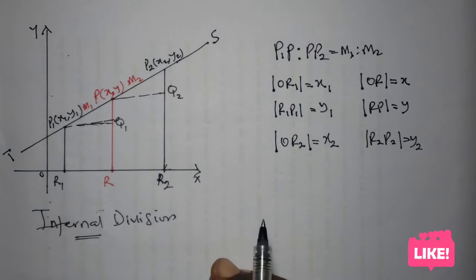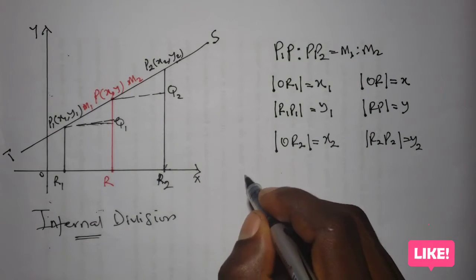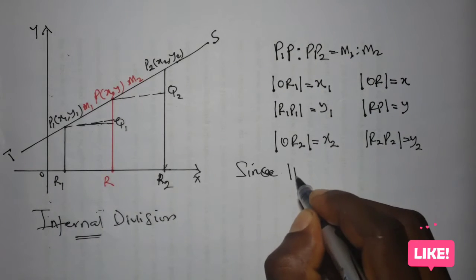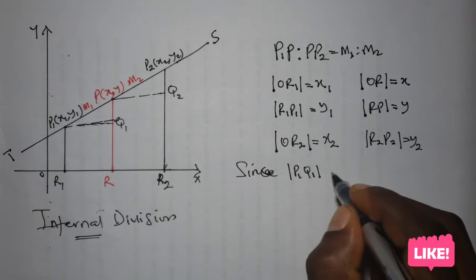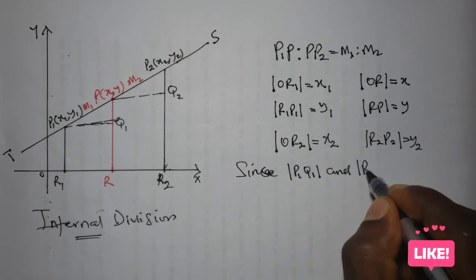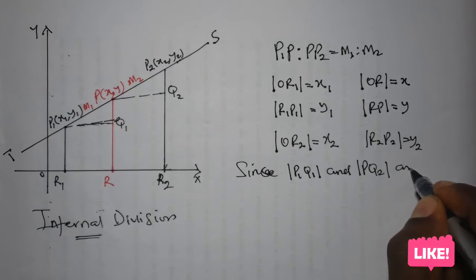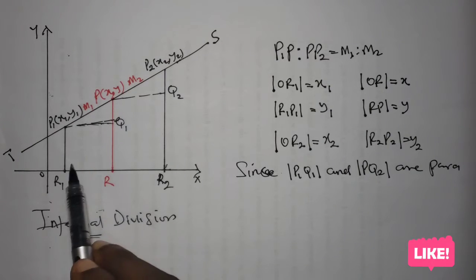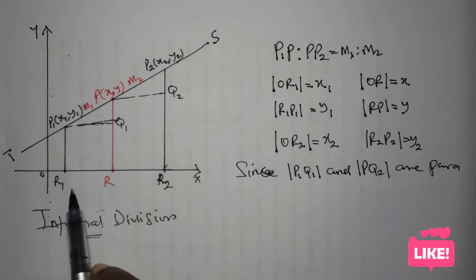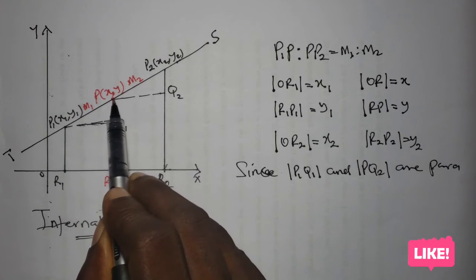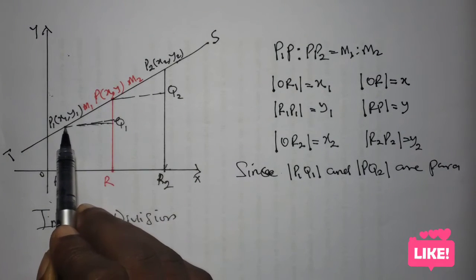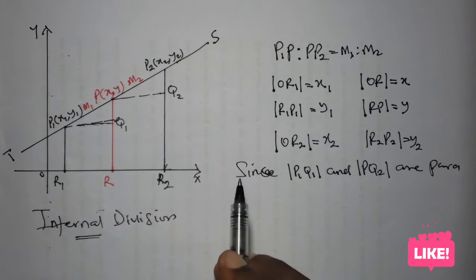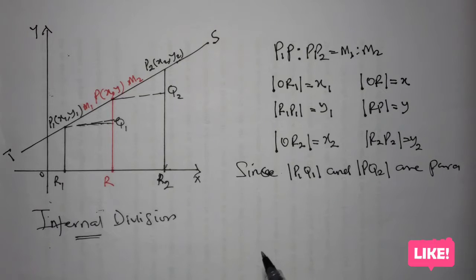We continue. Now, what do we see? Since line P1Q1 and line PQ2 are parallel, as you can see, this line P1Q1 and PQ2 are parallel lines, we can establish the following.